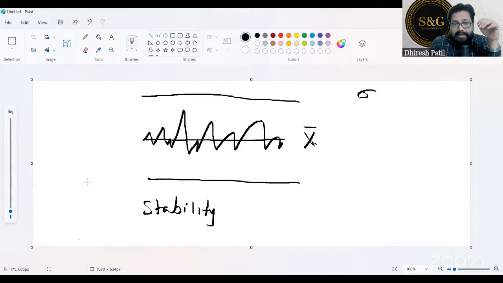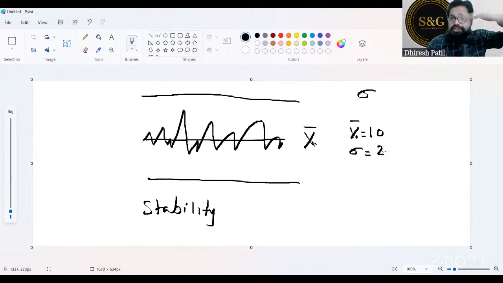Imagine that if I've collected the data, X bar is equal to 10, and standard deviation is equal to, let's say, 2. Standard deviation is, on an average, the distance of each and every data point from the mean.